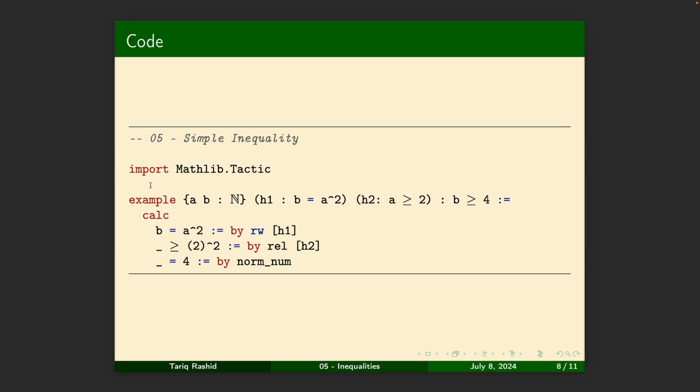There's a comment at the top, importing the Mathlib library, giving the name, example is a special case, declaring the types of the variables, writing the hypotheses down, the objective, and then line by line progressing the proof argument until we get to the conclusion. And the structure of those lines is always something equals something, or greater than, or less than, and then a justification for each line as well, and it's usually by some tactic.